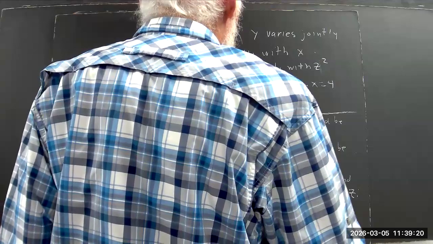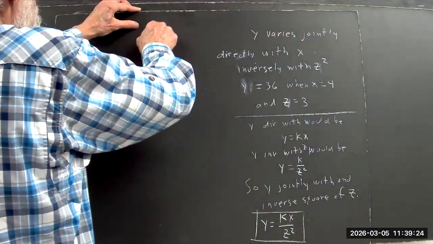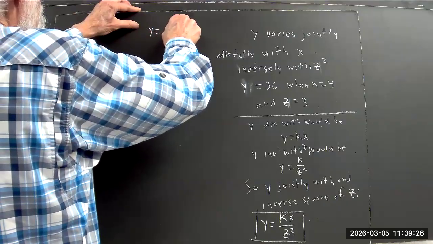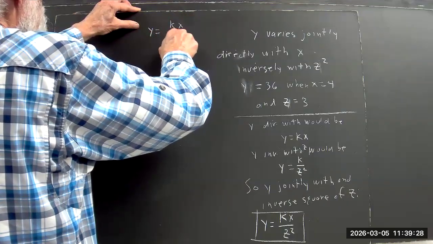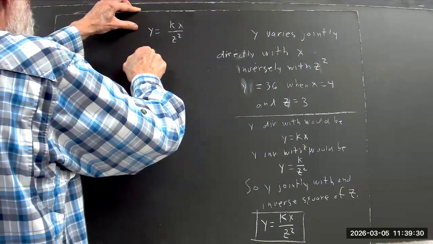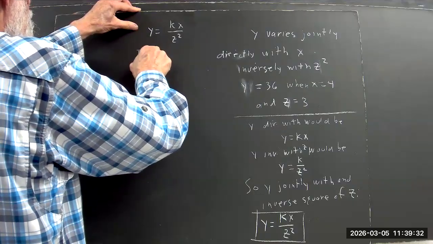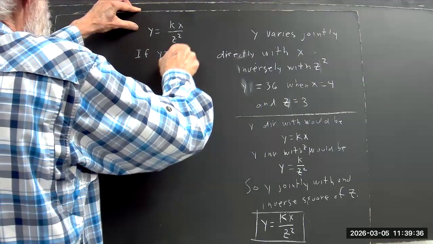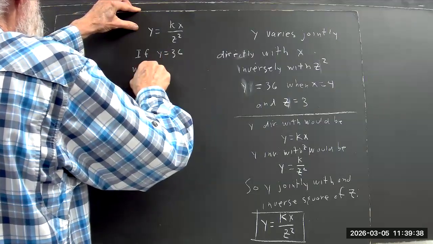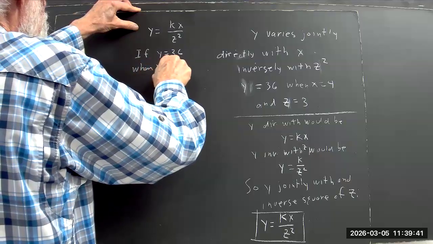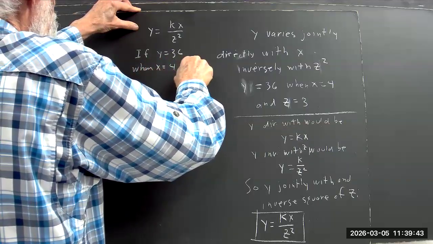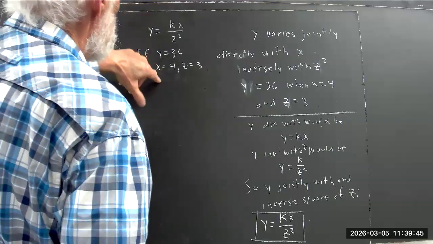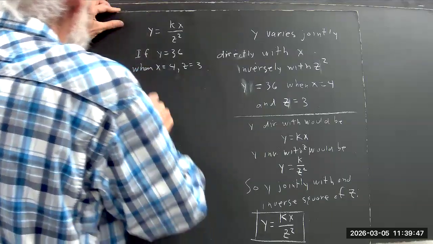So what do we do with this? Well, write it again. Y equals kx over z squared. Y equals 36 when x equals 4 and z equals 3.